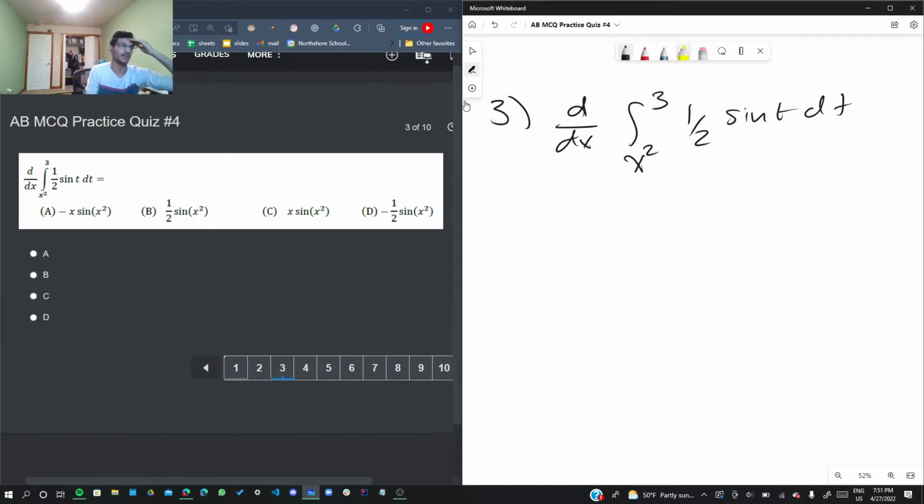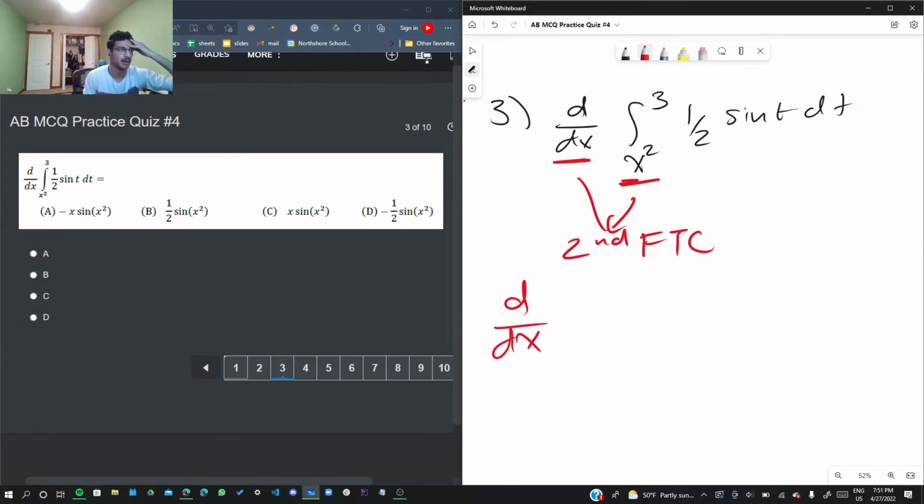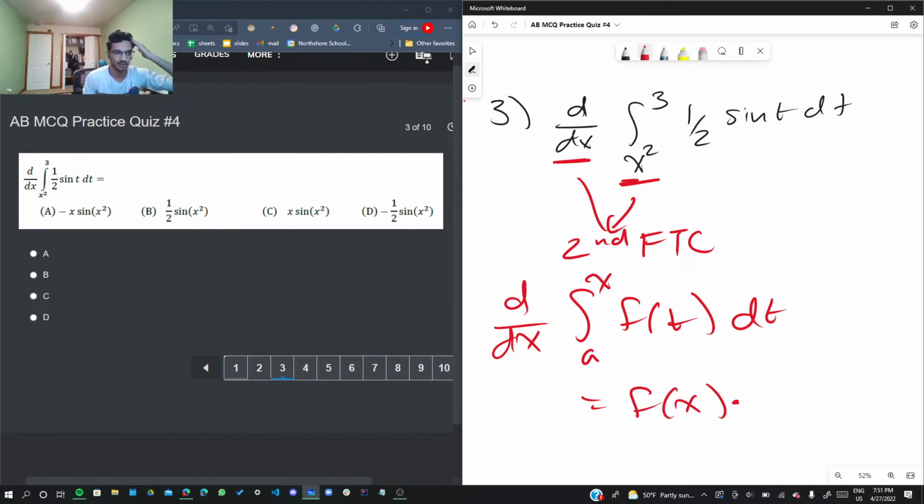Okay, so whenever you see a derivative and an integral right next to each other, that is the second fundamental theorem of calculus, which basically says if you have the derivative of something, let's just say a is a constant, the integral from a to x of f of t dt, then that's going to be f of x.